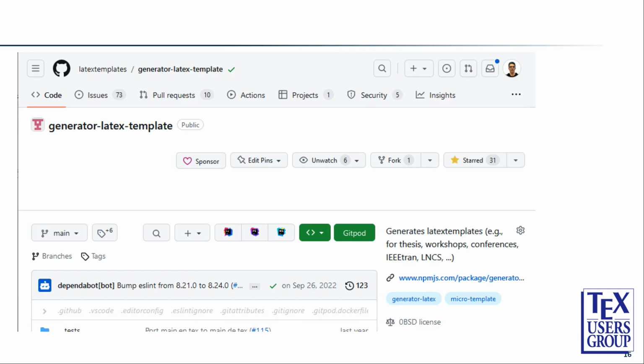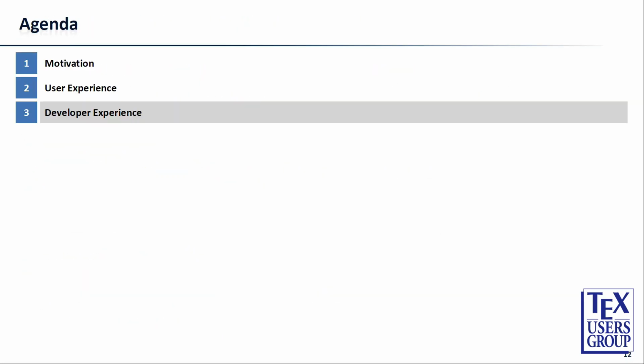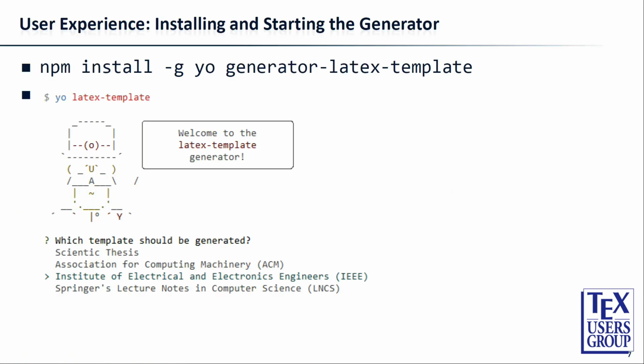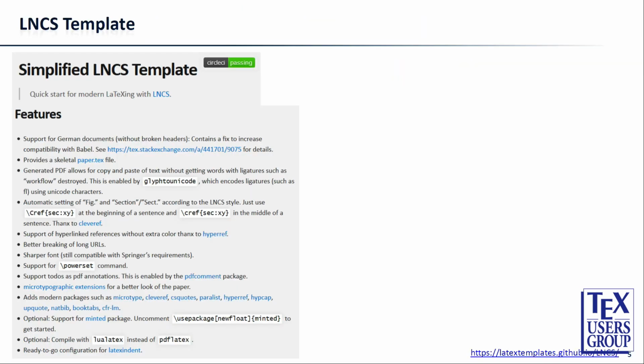Because, for instance, I saw paralist, and paralist is in conflict with enumitem, so that's a part that should be very carefully examined, because it can lead to many conflicts. Okay. Thanks for the comment.